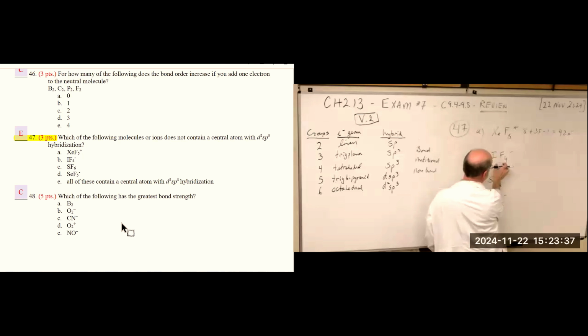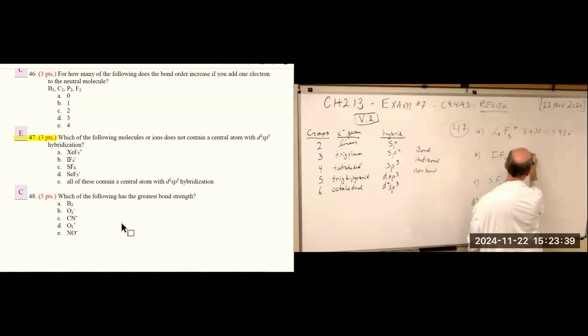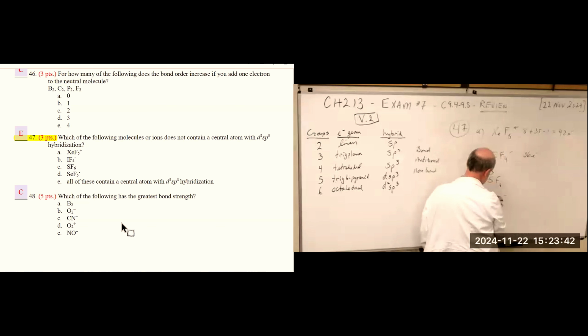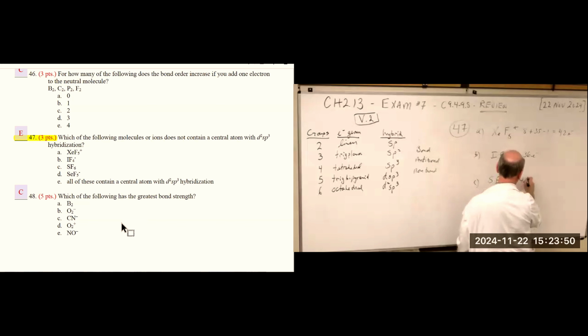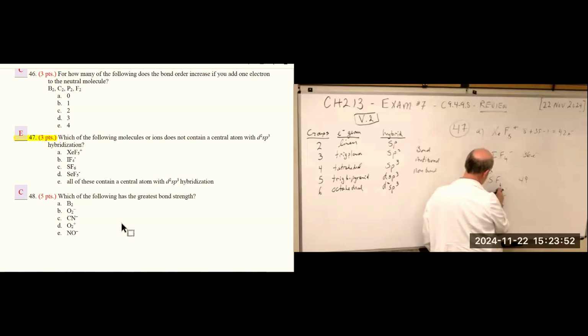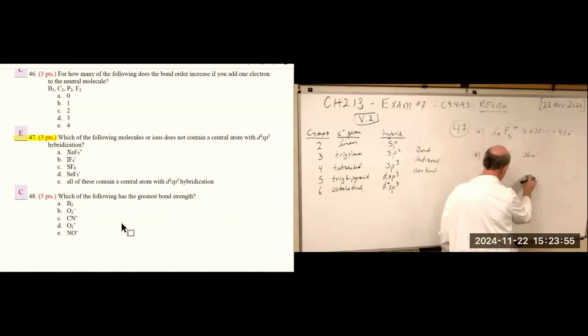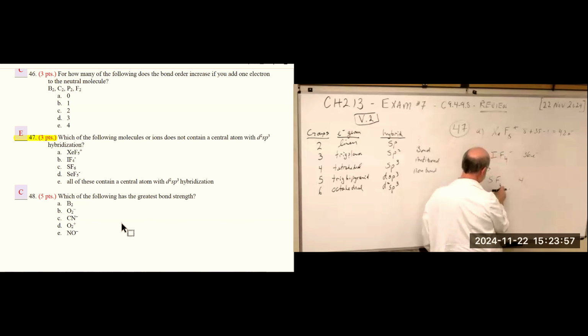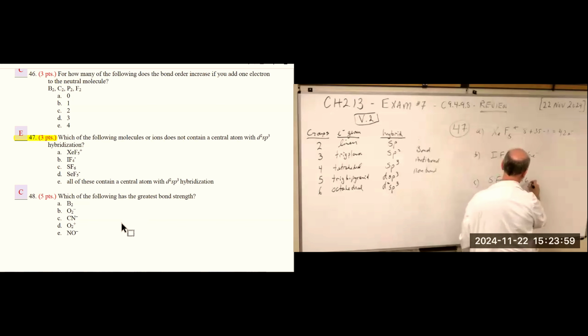Well, 5 times 7 is 35, plus 1 is 36. And this is sulfur would be 6. Should be 49, right? No. 6 times 7 is 42, plus 6 is 46.